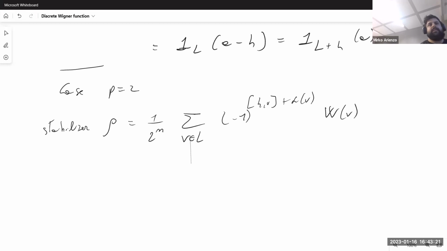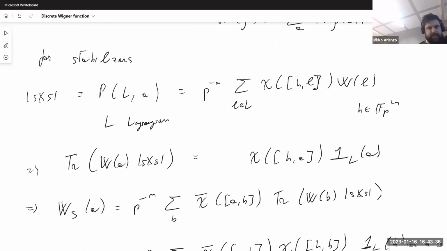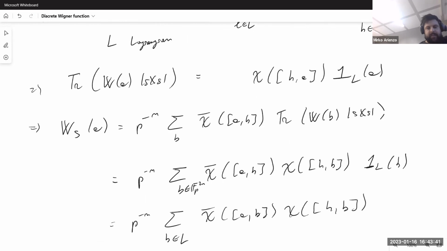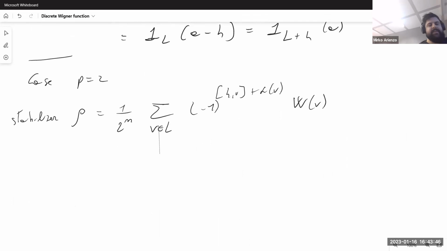So in this case, you can do the same thing as we have done here for the characteristic function and the Wigner function. But you have this additional phase, and that means that there exist stabilizer states which are negatively represented.